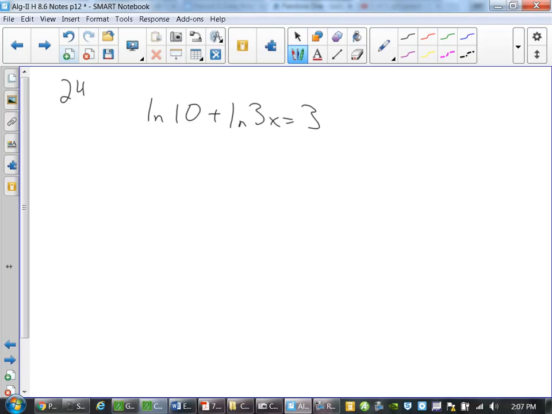So when you're adding natural logs together, what are you doing to whatever you're taking natural logs of? Multiply. So this is the natural log of 30x equals 3. Now to undo natural log, remember natural log is log base e, so you have to raise it to e.